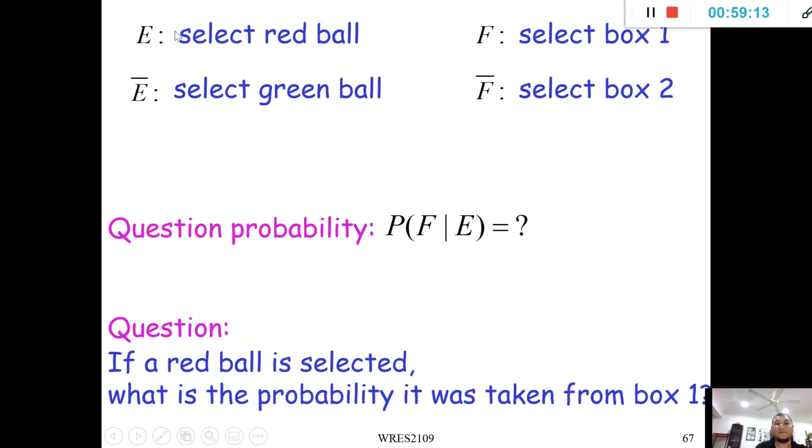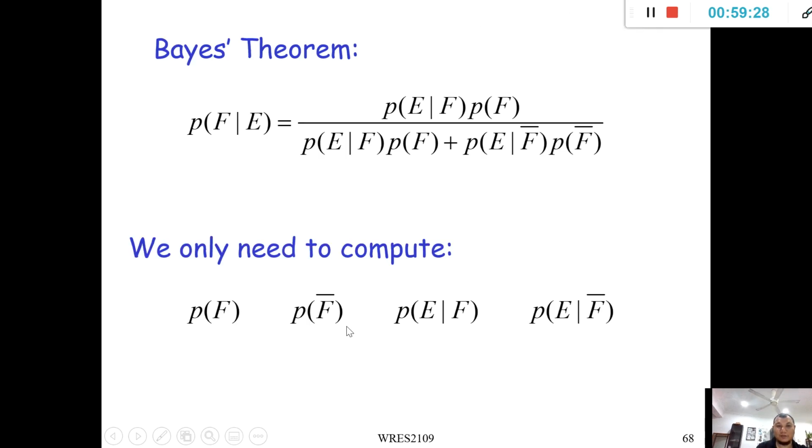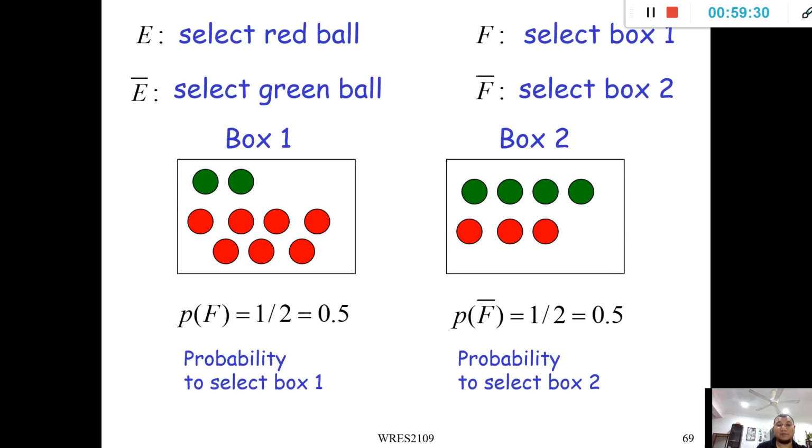So you define E as select red ball, E complement as select green ball, F as select box 1 and F complement as select box 2. The question is, what is P(F given E)? Given that a red ball is selected, it is from box 1. So you just use this Bayes theorem.